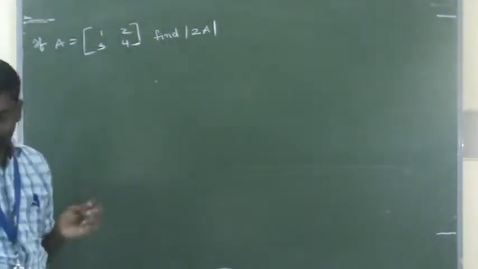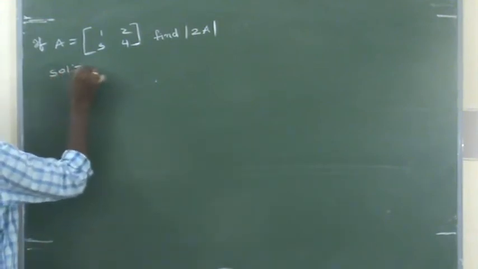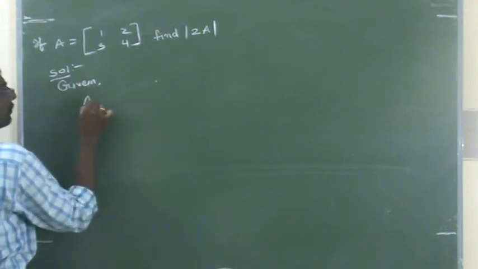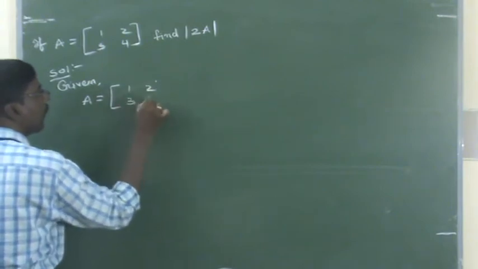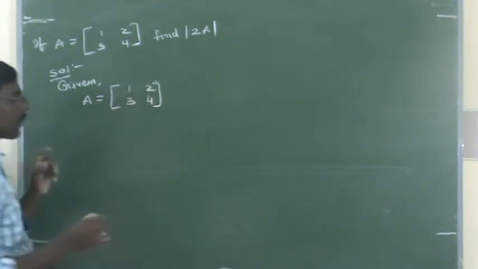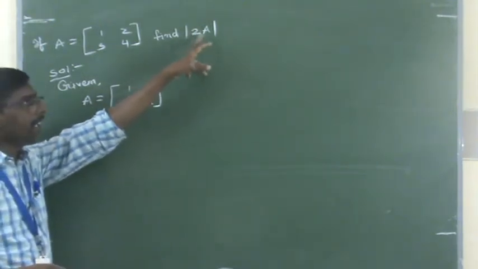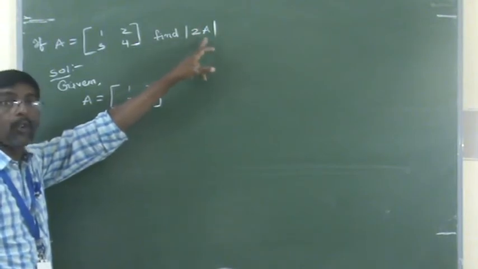See how to find this problem. Solution: the given matrix A is 1, 2, 3, 4, but we need to find the determinant of 2A. To find it, first calculate the value of 2A.